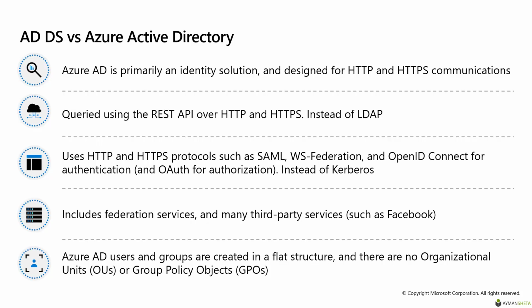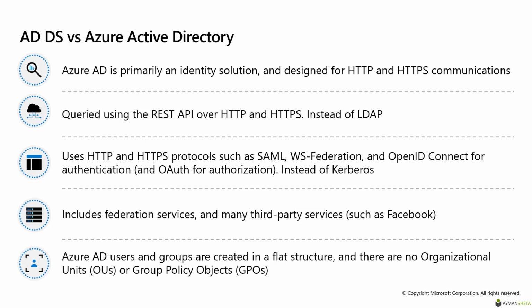Let's start with the difference between Active Directory Domain Service and Azure Active Directory. As we know, Active Directory Domain Service is the traditional deployment of Windows Server based Active Directory, which can be a physical server or a virtual server.